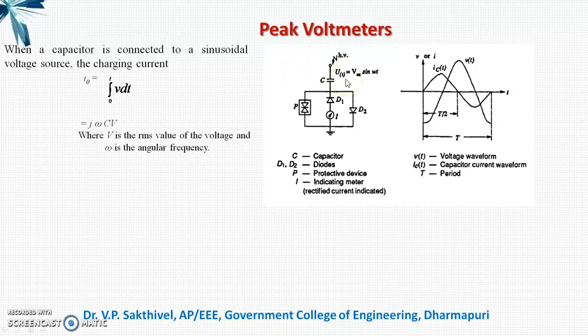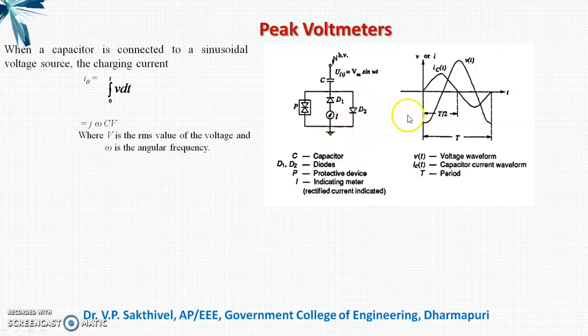This displacement current IC of t is subdivided into positive as well as negative components by the back to back connected diodes. The drop across D1 and D2 is ignored while measuring high voltages.